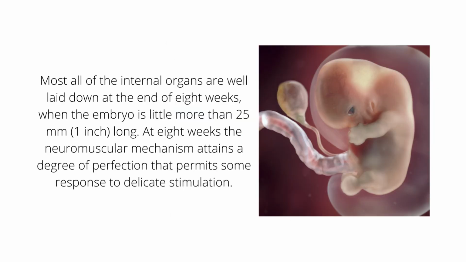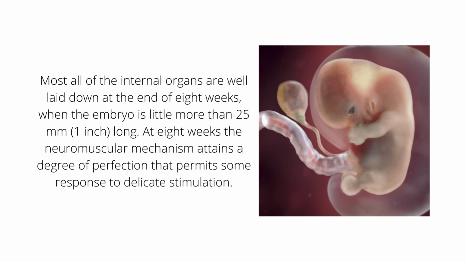So most of all the internal organs were laid down at the end of the 8 weeks when the embryo is little more than 25 millimeters and the characteristic external features are established, and subsequent growth merely modifies existing proportions without adding new structure.